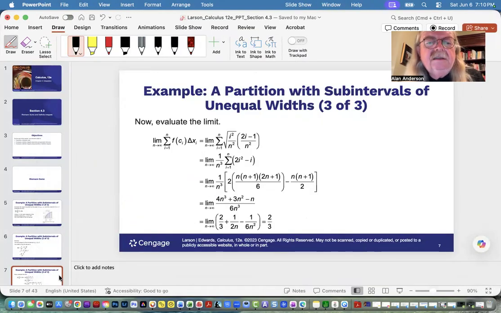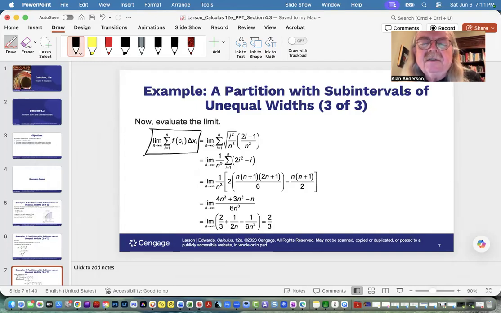All right. Now, with all that being said, this is what they're going to do. Now, remember, this is what we're trying to solve for: the sum of all the rectangles as n goes to infinity. Now, this particular function, f of c_i, meaning the height, is here.